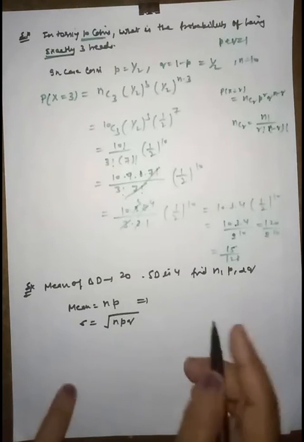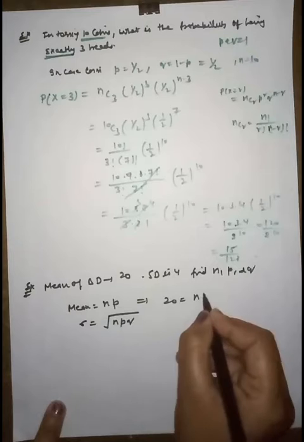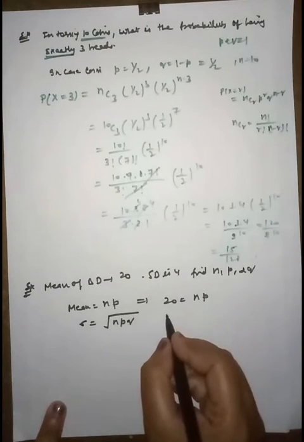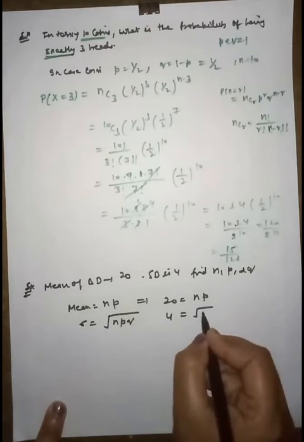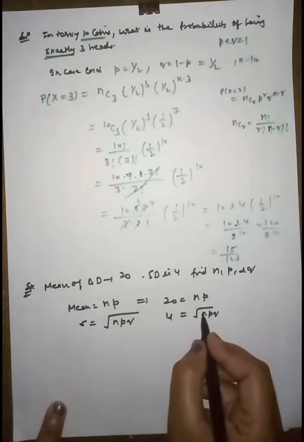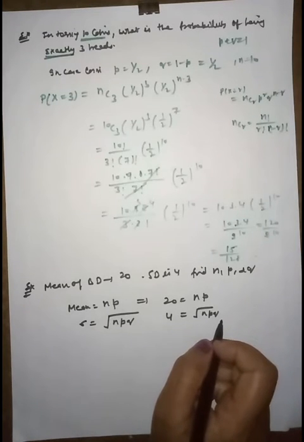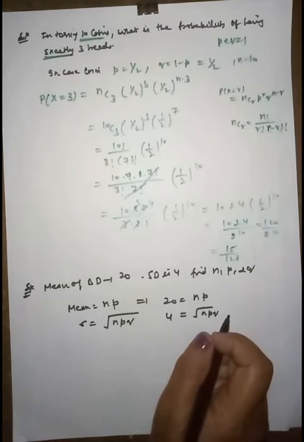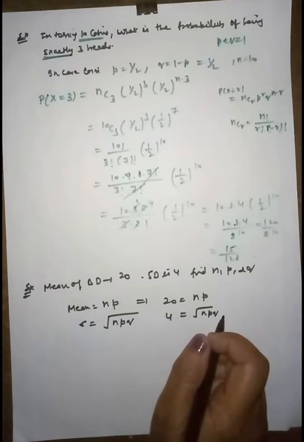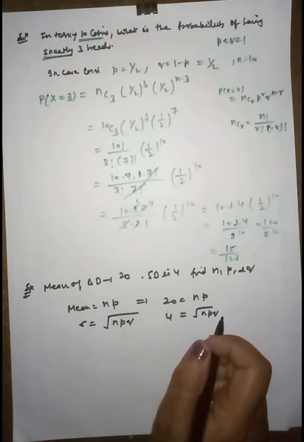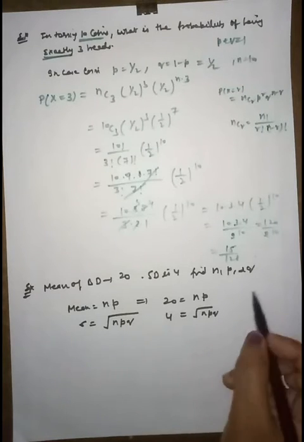The mean is 20, so 20 equals np, and the standard deviation is given as 4 equals root of npq. Now solve it.